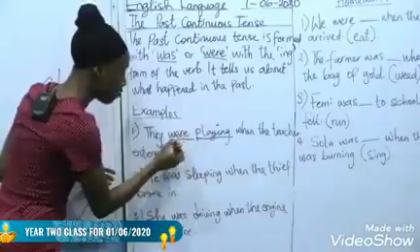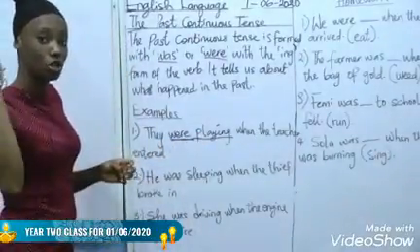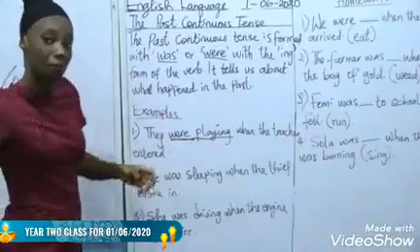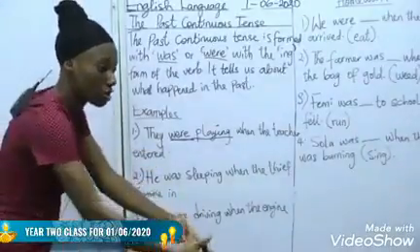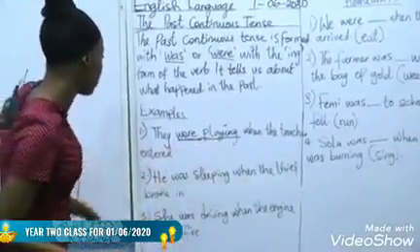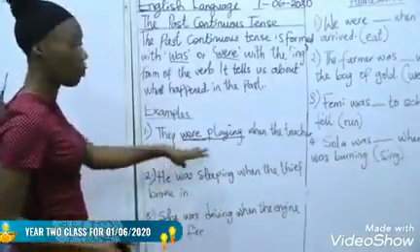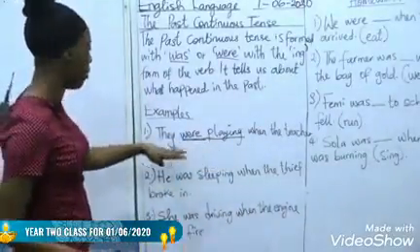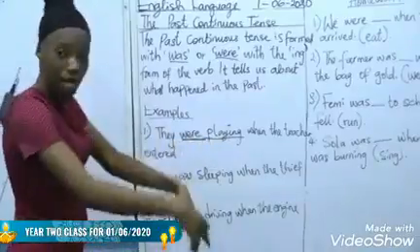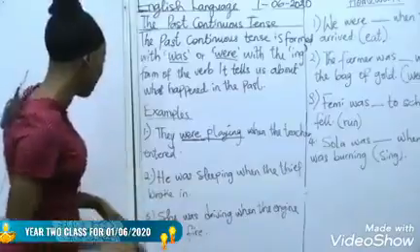It tells us about past continuous tense. This thing was happening. Is it they was playing when the teacher entered? No. Is it they are playing? No. It is they were playing when the teacher entered.